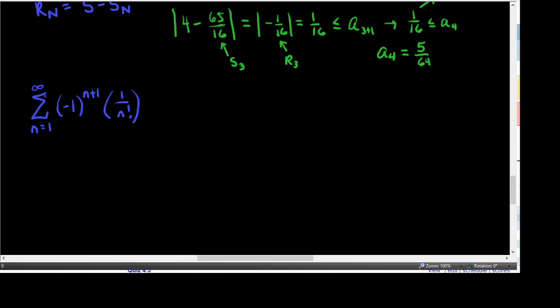Okay, so let's expand this out. When I put 1 in, 1 plus 1 is 2, -1 squared is +1, so that's going to end up being 1 over 1 factorial. When I put in 2, 2 plus 1 is 3, -1 cubed is -1, so that'll become -1 over 2 factorial. And after a while, you're going to get better at this too. If you have that power of -1, you know it's going to alternate.